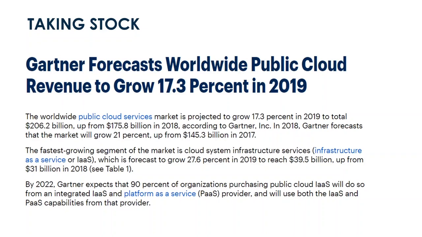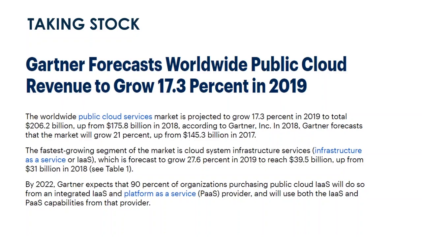The fastest growing segment is IaaS, infrastructure as a service. And they also say by 2022, 90% of organizations will be looking at IaaS and PaaS, platform as a service. It's a pretty big number.